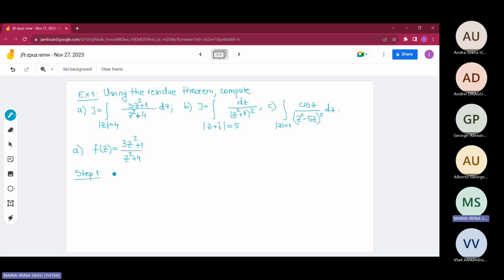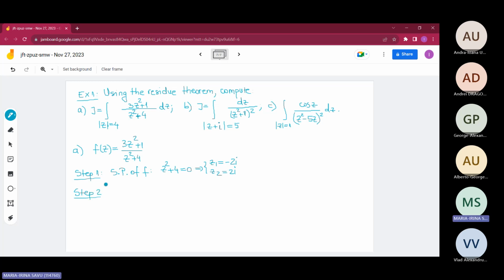And we find the singular points. As seen before, we must find the solutions of this equation. And the solutions are z1 equals minus 2i and z2 equals 2i. So these are the singular points.